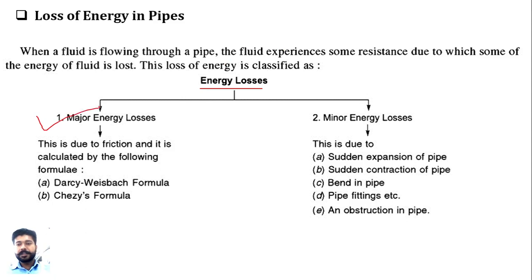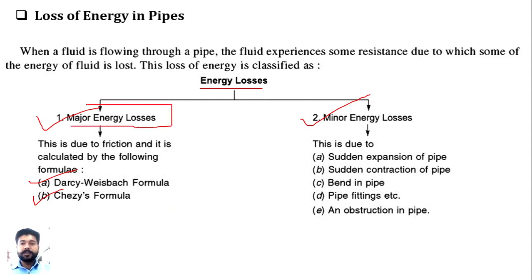The first one is major energy losses, and the second one is minor energy losses. Let's see what major energy losses are. In today's session we'll cover major energy losses, which are again classified in two terms: first the Darcy-Weisbach equation, and second Chezy's formula.